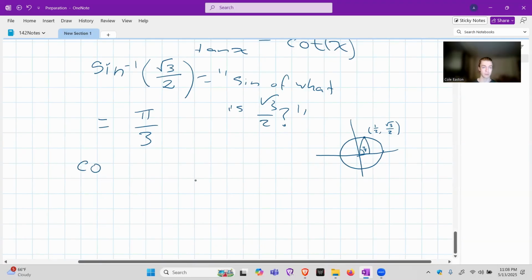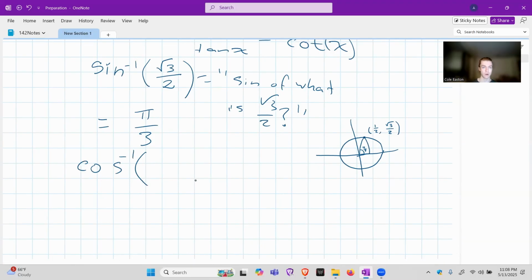And similarly, cosine inverse of 1/2 is pi over 3, right? Because this is the angle that gives us an x value here of 1/2. Or in other words, this is the same as saying that cosine of pi over 3 is 1/2.